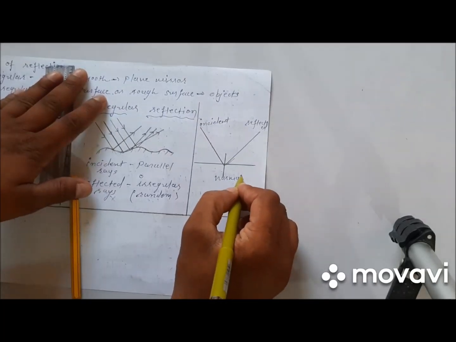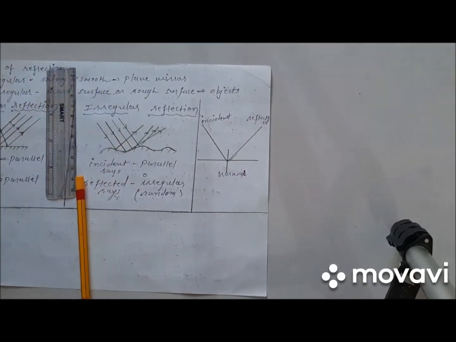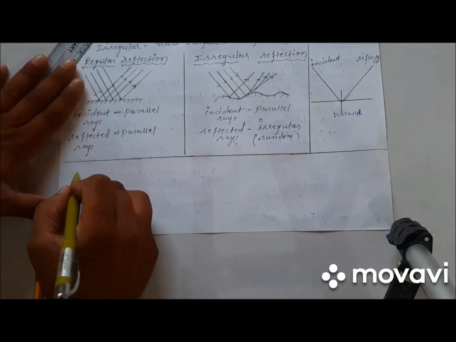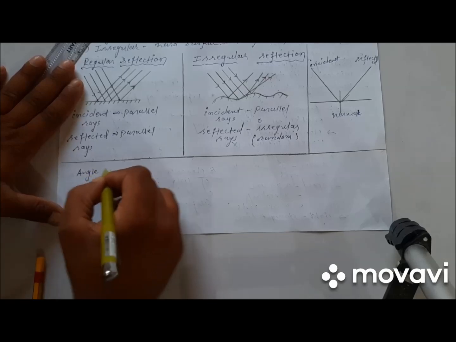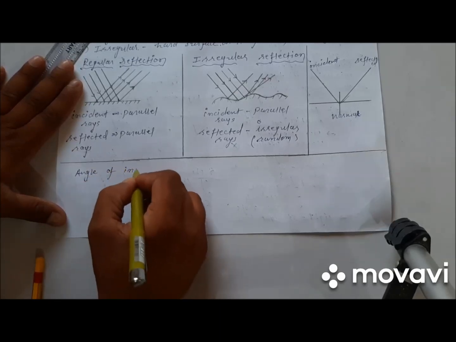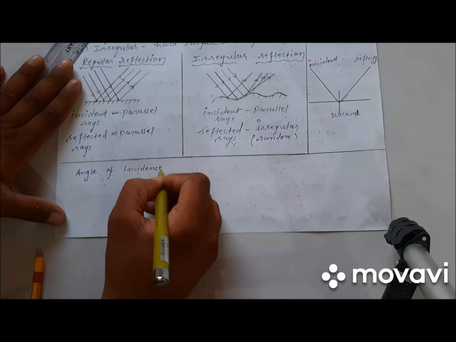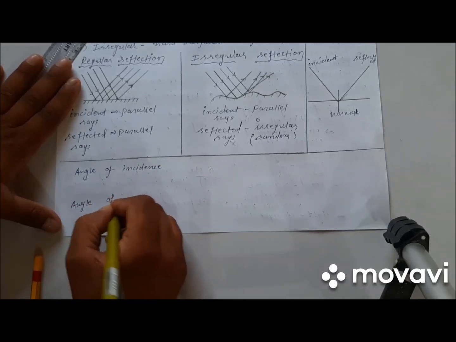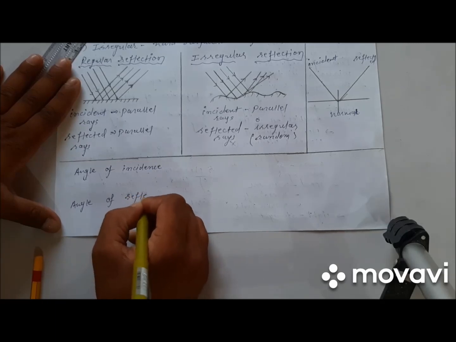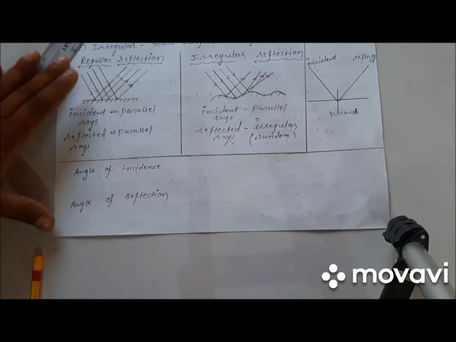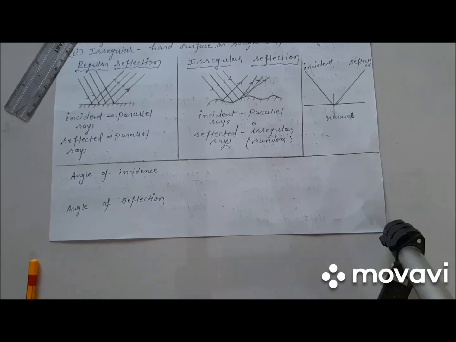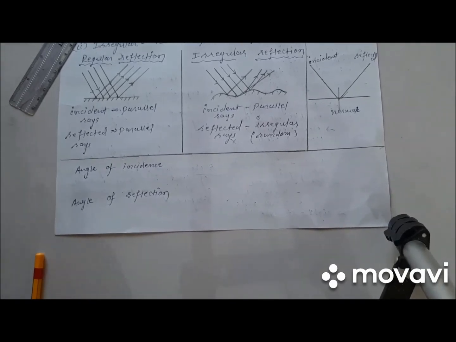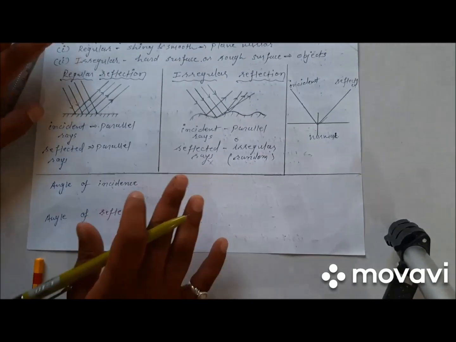Before the law of reflection, it is necessary to understand what is angle of incidence and what is angle of reflection. If we understand these, then we can understand the law of reflection.